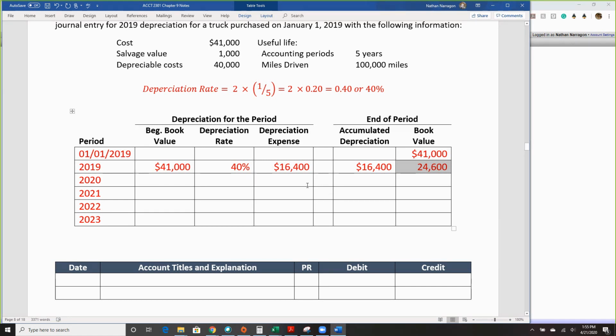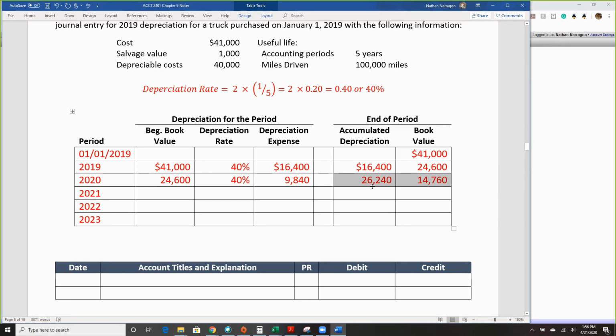2020. We're going to take the book value, that is now our beginning book value for 2020. Again, all the steps, we'll multiply it by 40% to equal out to 9,840. Again, we would add for accumulated depreciation the prior plus current depreciation.